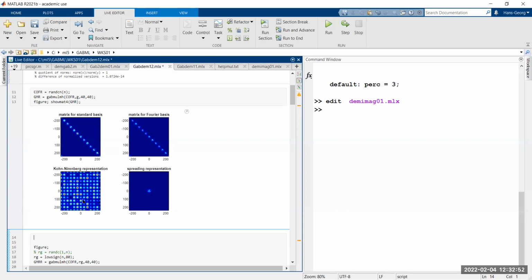Now, what you see here is that the scheme of coefficients which I'm using are random values, real random values in this demonstration between 0 and 1. And you see these contributions, and it's actually telling you that each of these elements is a projection on one of the Gabor atoms.